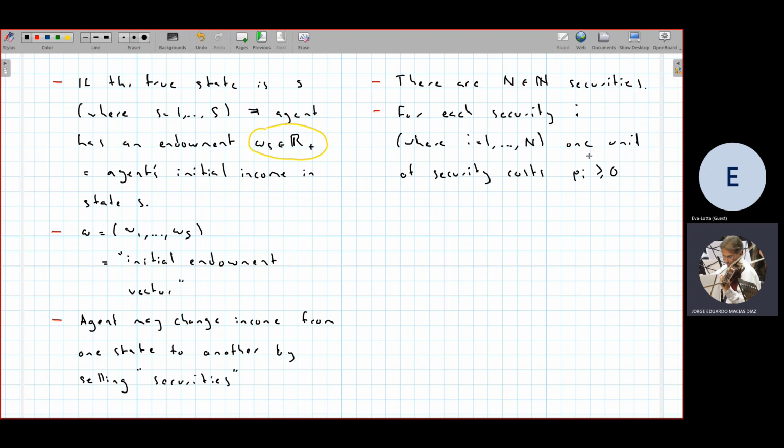So this is a cost, but we're going to suppose that it also provides some income. And this income is going to be represented by z subindex i s, in the case that state s occurs.